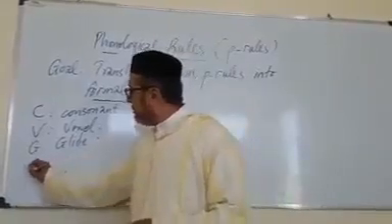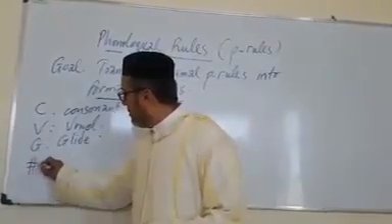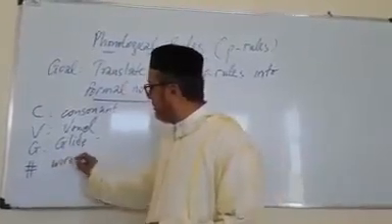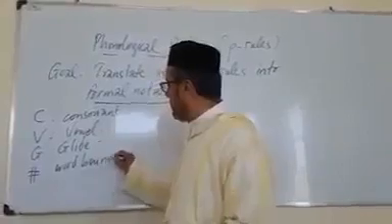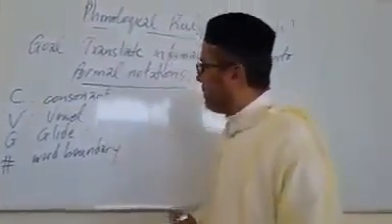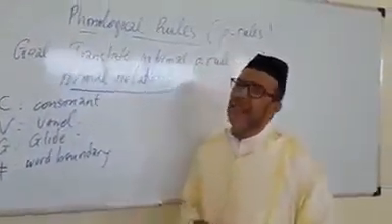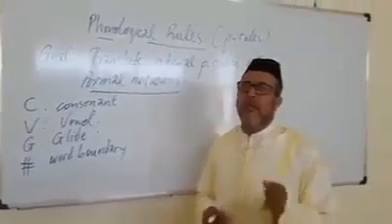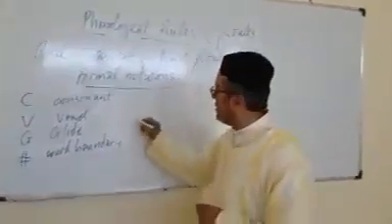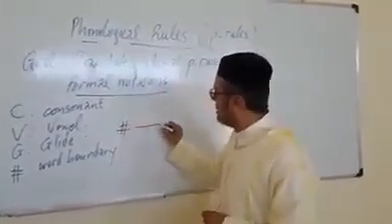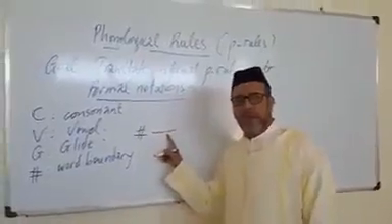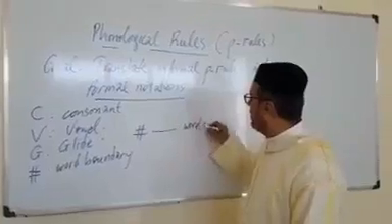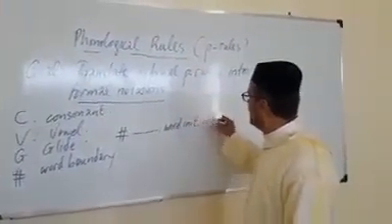We'll take this symbol that stands for word boundary. So, for example, if we are concerned with a process that happens in word initial position, this would represent word initial position.